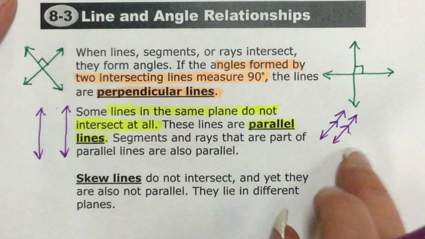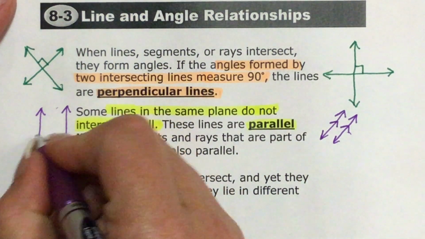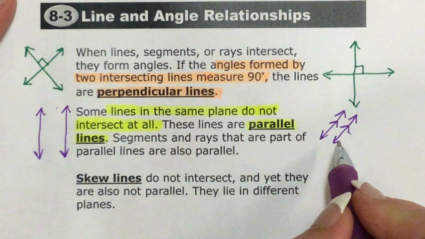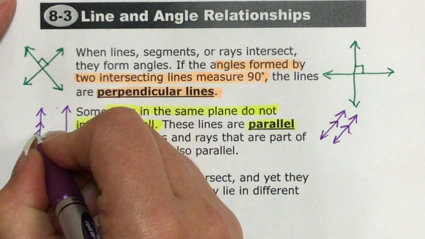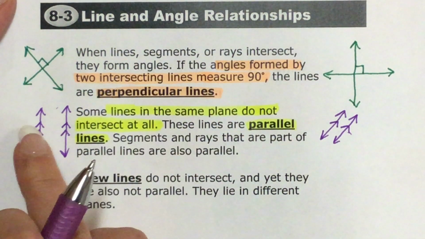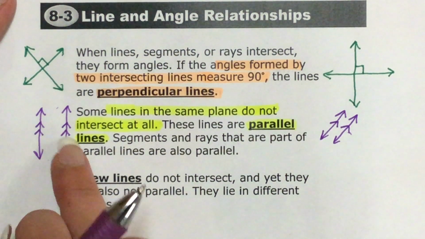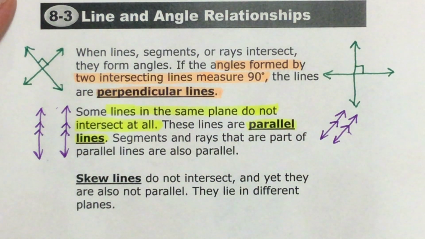Now, these lines are not parallel to those, so we wouldn't use one of those marks. To show that these are parallel to each other, but not parallel to those ones, we would use two marks on both of them. So there's 1, 2. You know that these two are parallel, but these have 2 marks and those have 1. So these aren't parallel to each other. Okay?